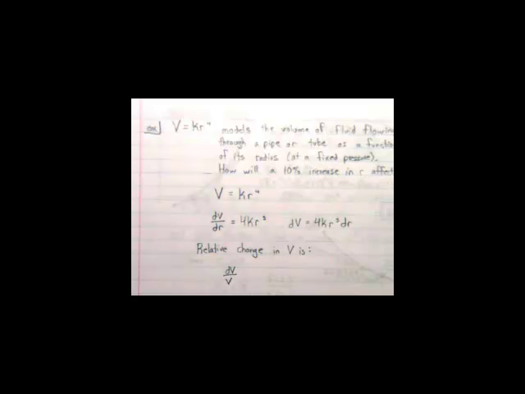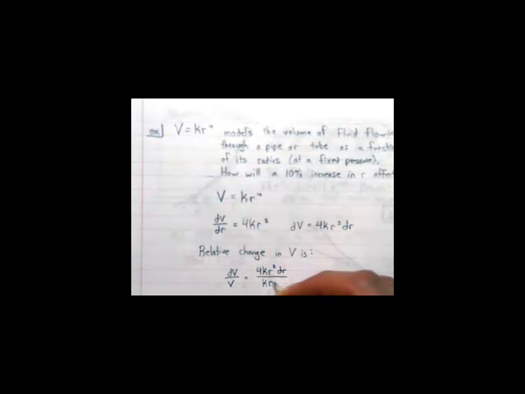So we're going to figure out what that ratio is. We can plug some things in because we have formulas for both dV and V now. So this relative change is going to be 4k r to the third dr over V, which is just k r to the fourth. That can be simplified quite a bit. There's k's that'll cancel, there's some r's that'll cancel. So we end up with 4 dr over r.